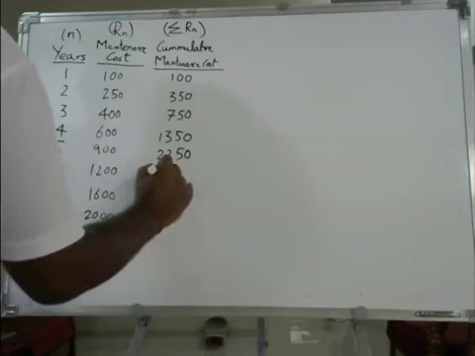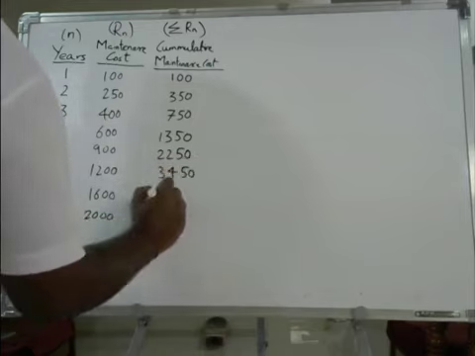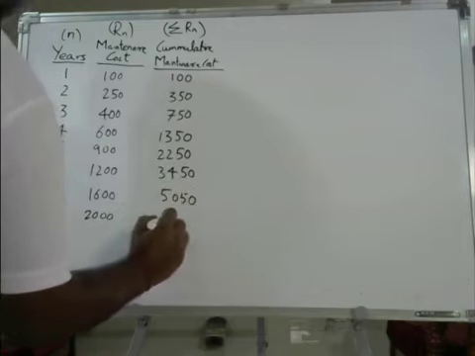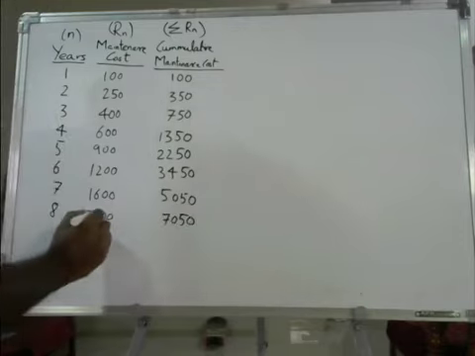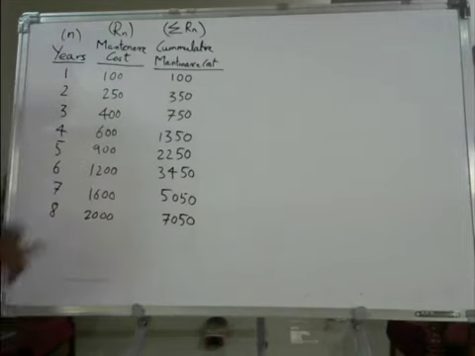Then 3,450. Then 5,050. And 5,050 plus 2,000 is 7,050. Now in this way we have got the cumulative maintenance cost.